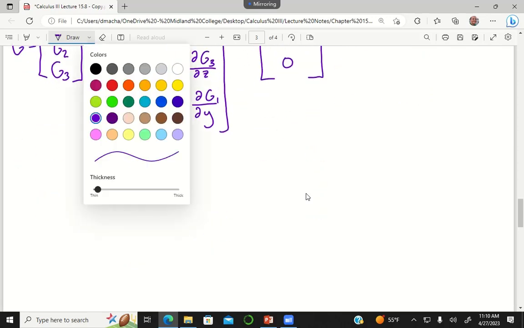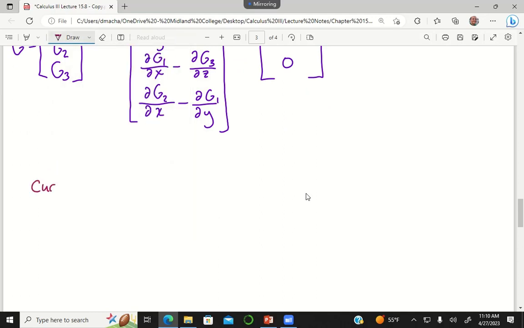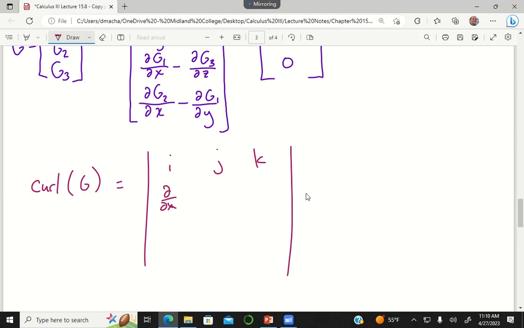Let's actually do this the proper way that I should have done to begin with. So, curl of G. That is the determinant of this 3x3 matrix looking thing. But this is the partial with respect to x. This is the partial with respect to y. And this is the partial with respect to z. Okay. Then this is G1, G2, and G3.